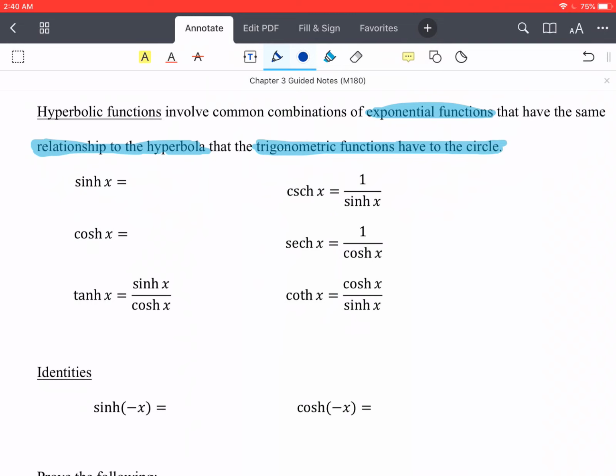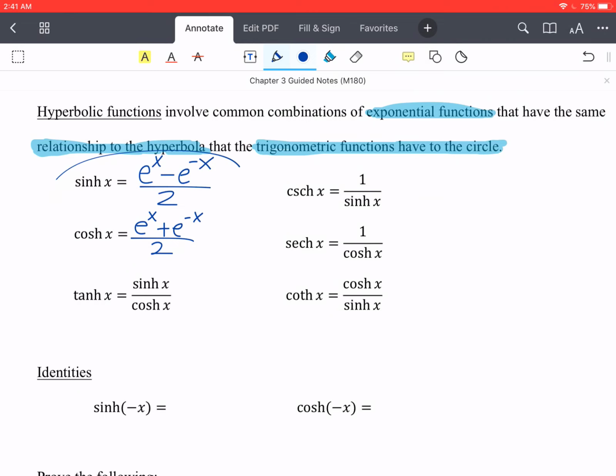So the original two, hyperbolic sine and cosine. Hyperbolic sine is e to the x minus e to the negative x all over 2. And hyperbolic cosine is e to the x plus e to the negative x all over 2.